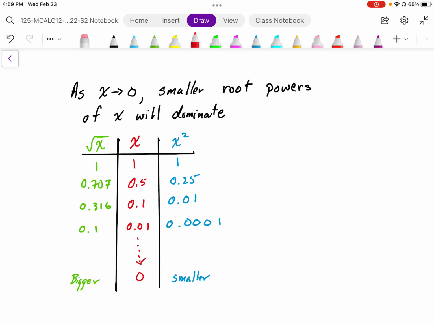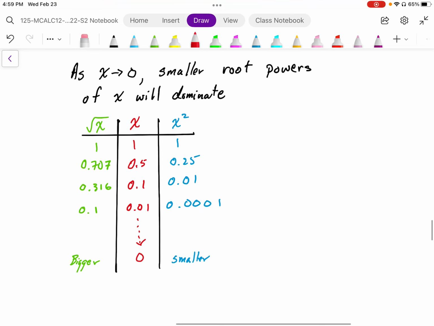As we go to 0.1, x is 0.1, x squared will be 0.01, and the square root of 0.1 ends up being 0.316. So it's bigger than x or x squared. Again, we can keep going: at 0.01 for x, x squared is 0.0001, but root x is 0.1. So again, root x is bigger relative to the x or x squared.